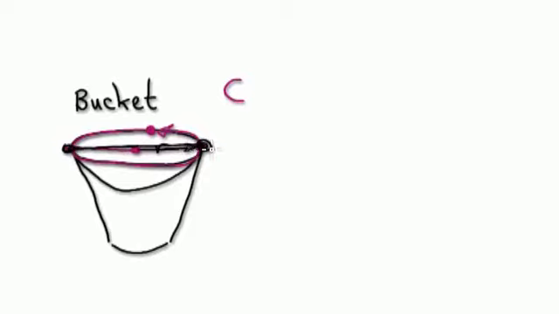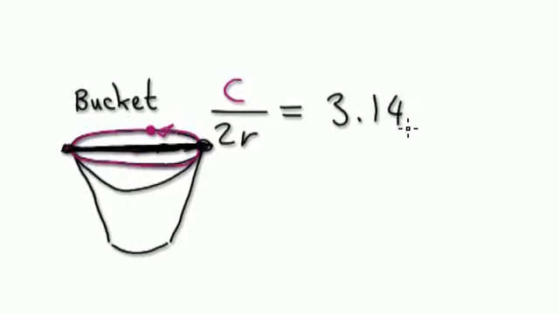If you measure C divided by 2r, you should get roughly 3.141. It's hard to get exactly this number, but you're going to get close to it.